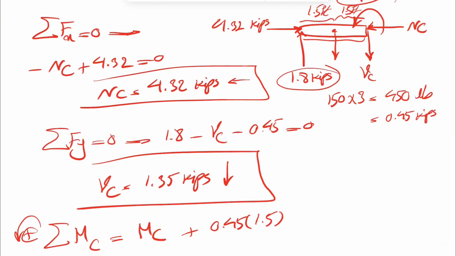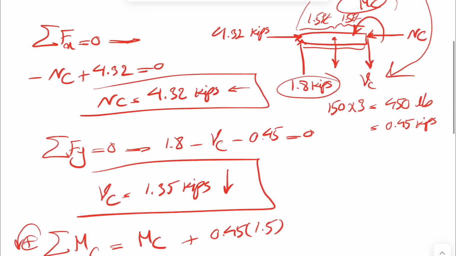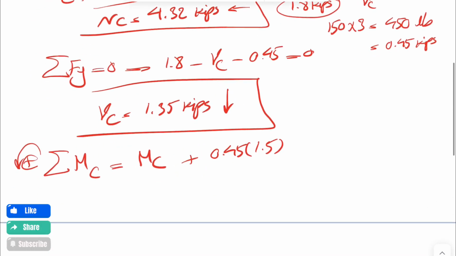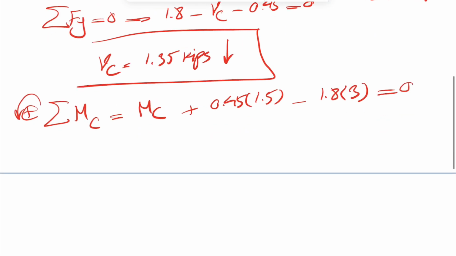And we're going to have the moment of our AY, which is going to be a clockwise moment about point C. So this one's negative 1.8, and the distance is the length of the beam, which was 3, equals 0.